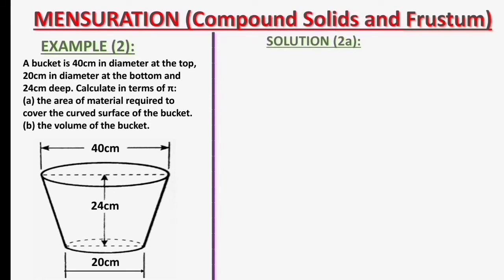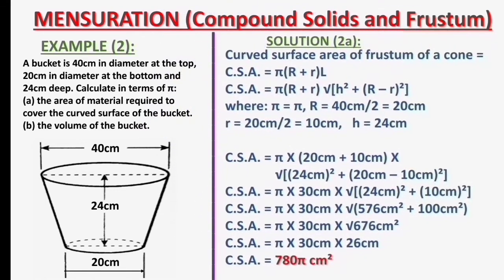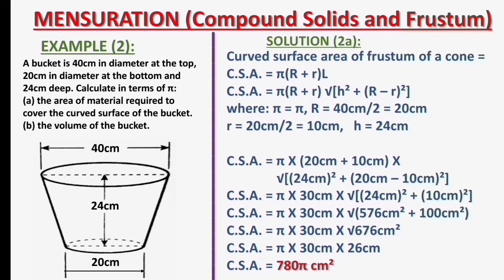Let's see the solution to question 2A. In question 2A, we are required to solve for the curved surface area of the frustum of a cone. The bucket here is actually the frustum of a cone.